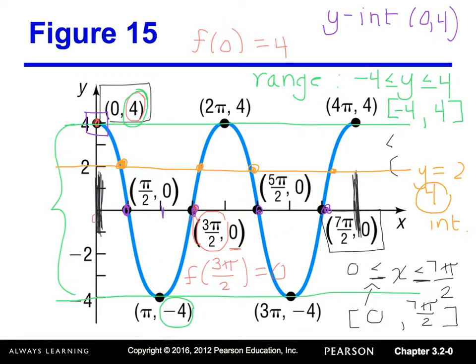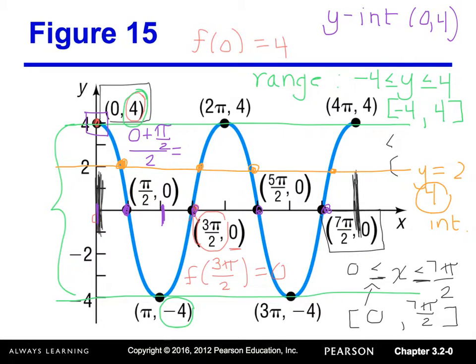Well, if this is at pi/2 and this is 0, this point here is smack dab in the middle of 0 and pi/2. So halfway between 0 and pi/2 would be the midpoint, and we've learned how to calculate midpoint. You add the two coordinates. In this case, we're interested in the x coordinates because we're looking for x-intercepts, and you divide by 2.